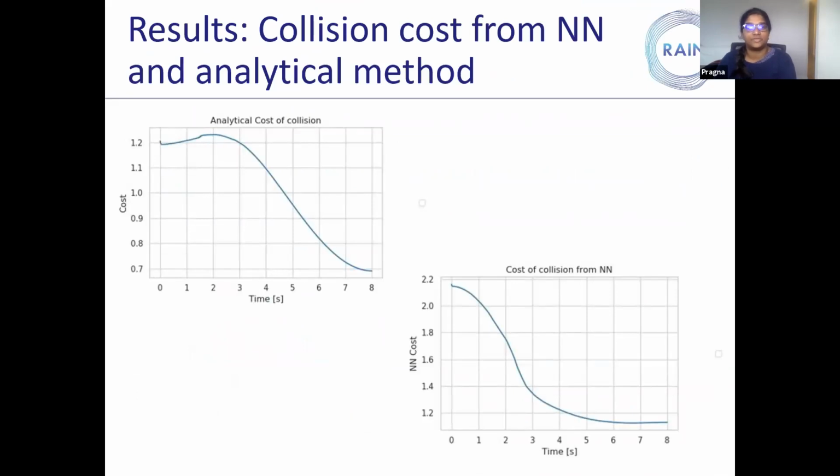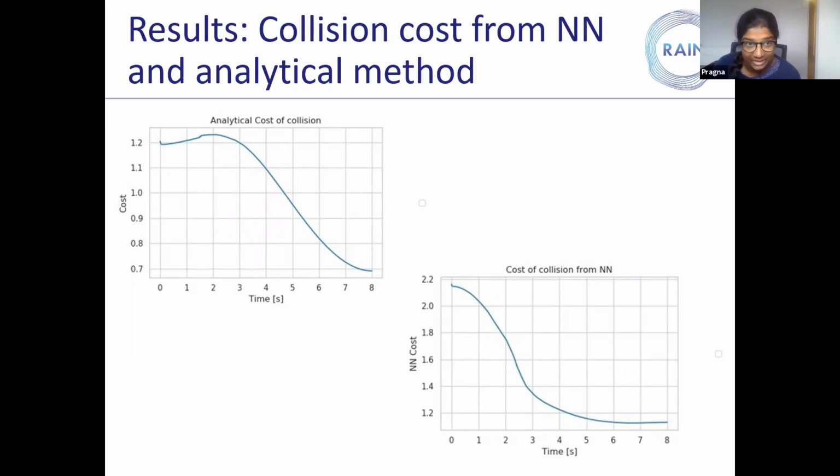Here, this graph shows the cost of collision we obtain from the neural network for each step of IK. At each step, we get the joint angle, and the obstacle centroid also we get from the trajectory. So we input that into the neural network and we get the cost of collision.